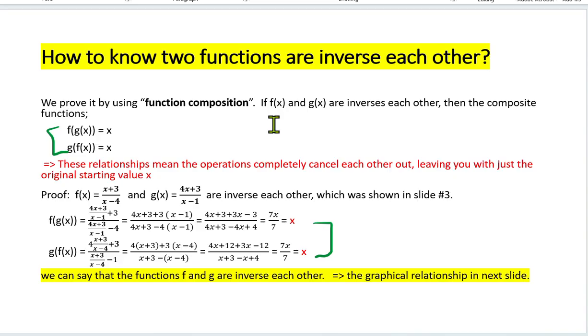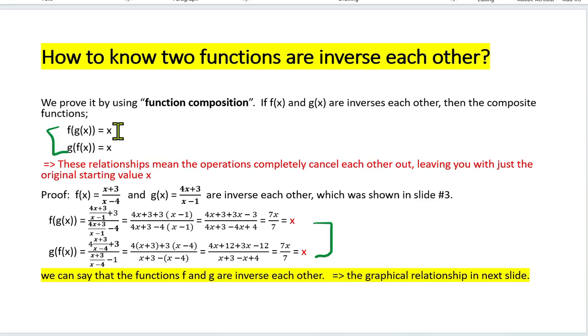If f(x) and g(x) are inverses of each other, then the composite functions f of g of x, meaning g is the inside function, and g of f of x. So these are composite functions.